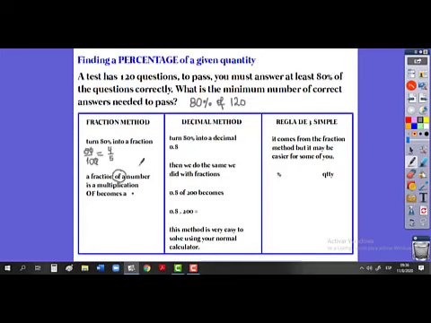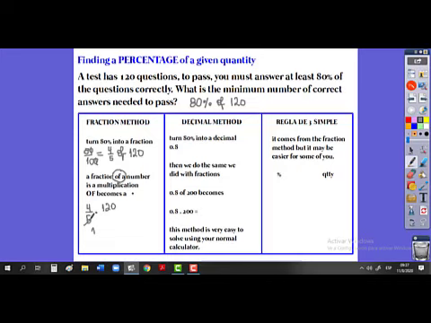80% of 120 would mean 4/5 of 120, which means 4/5 multiplied by 120. Here you can simplify: 120 divided by 5, right? You can divide this by 5, you obtain 1.